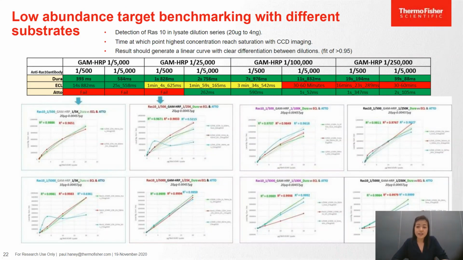On the other hand, the lowest sensitivity option, Pierce ECL, resulted in exposure times that were way too long at low antibody concentrations. What we notice, however, is that SuperSignal West Dura, which has a mid-range sensitivity, performs very well across different antibody concentrations, showing a linear curve and fast exposure times.